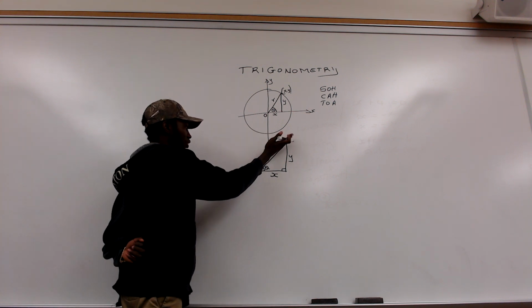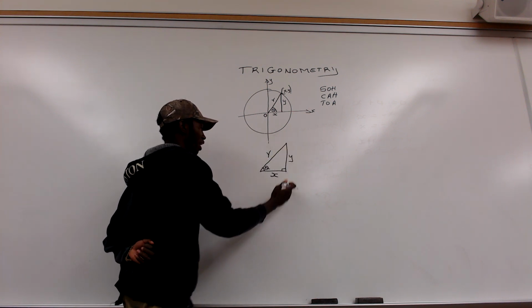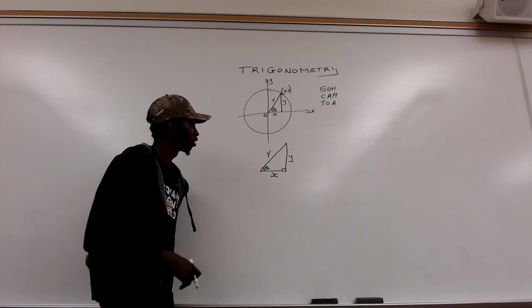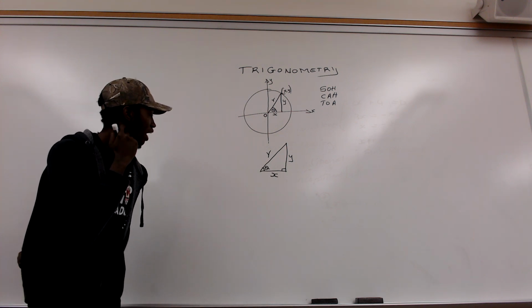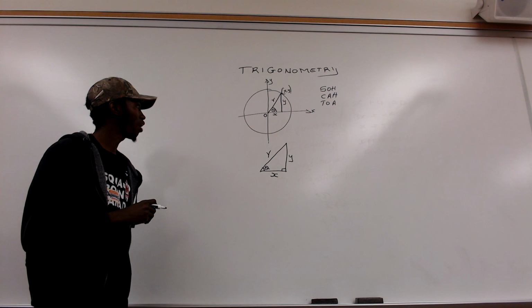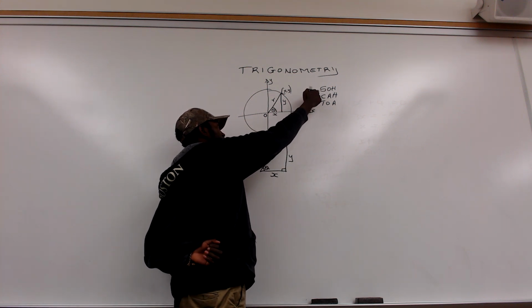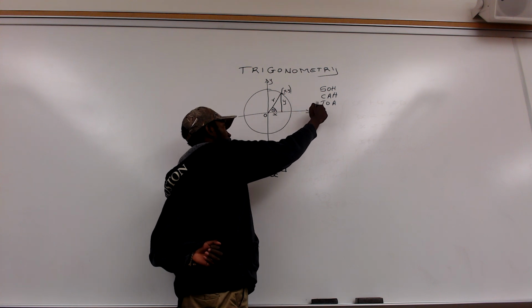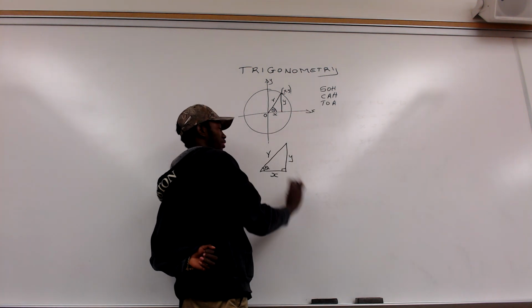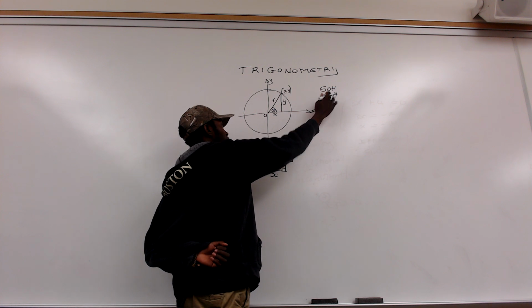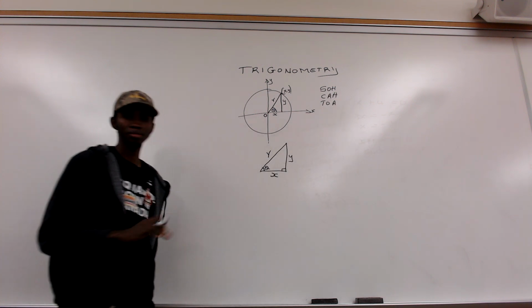We have here the radius r, this is the x-axis, this is the y-axis, and this is the angle for the triangle. The S represents sine, the C is cos, and the T is tan. The O is the opposite, the A is the adjacent, and the H is the hypotenuse.